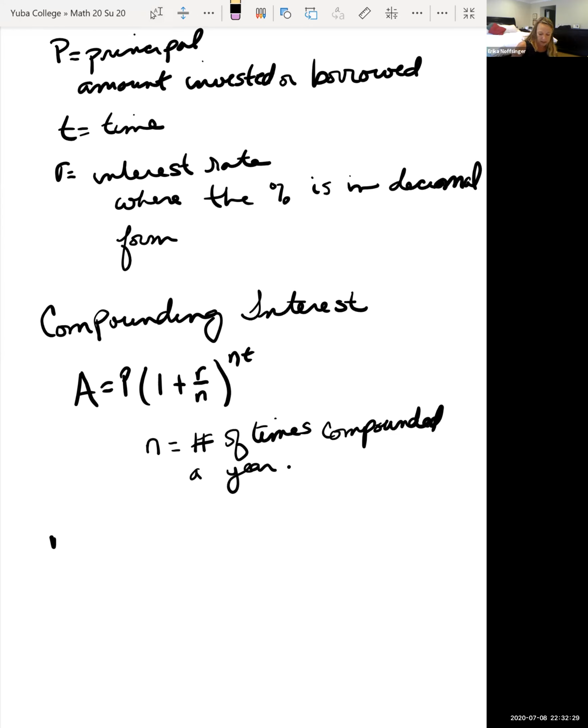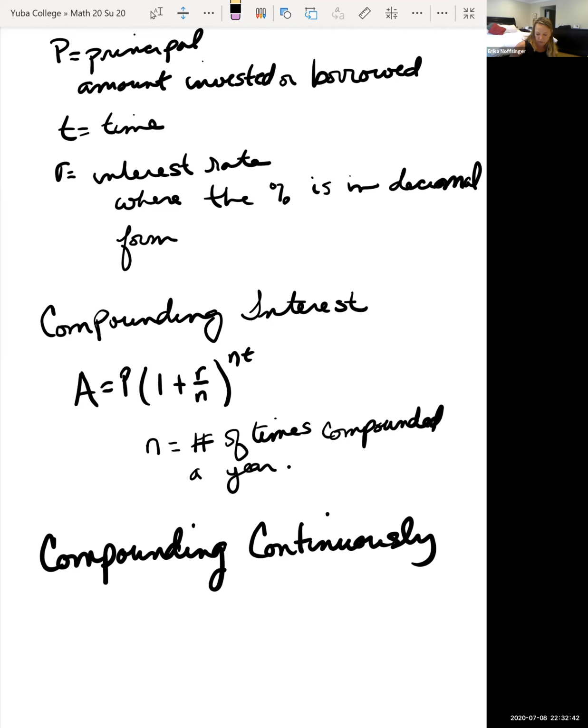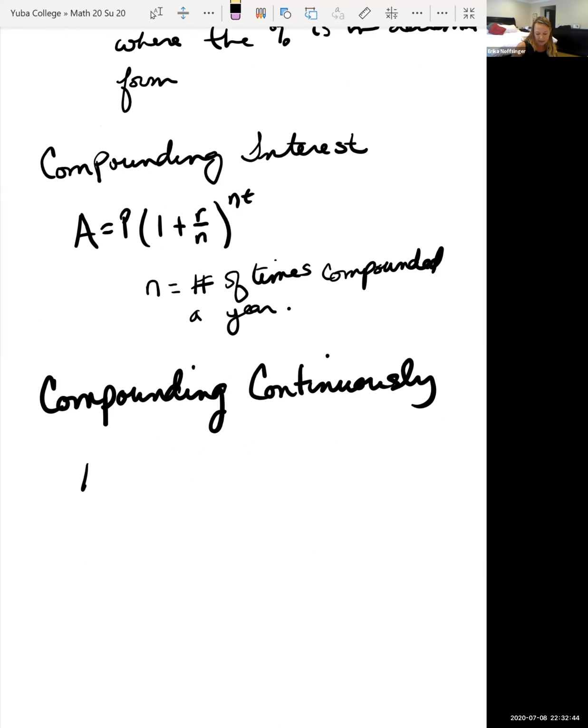So compounding continuously, it ends up that A is equal to P times e raised to the rt, where e is that irrational number. t again is time, r again is interest rate.